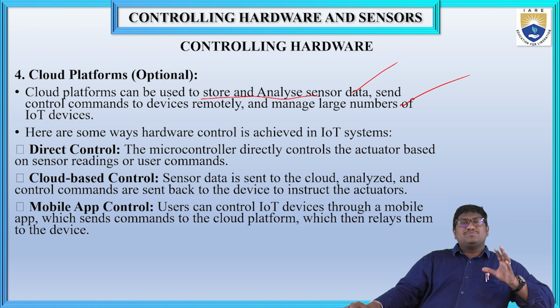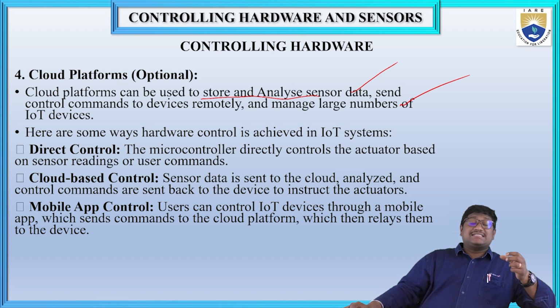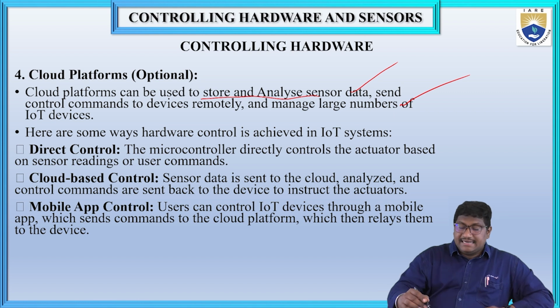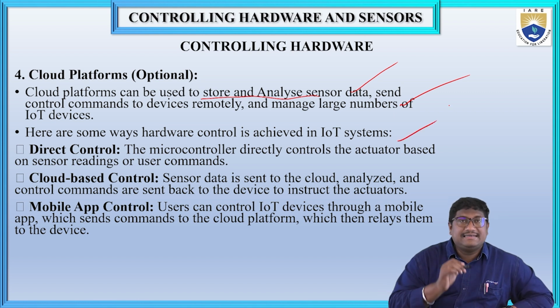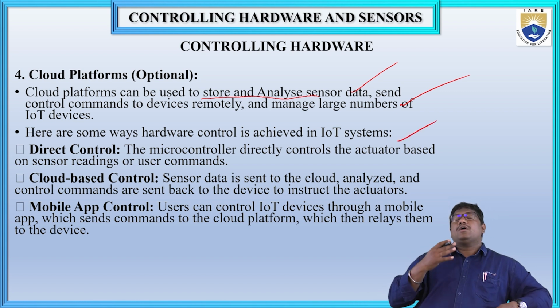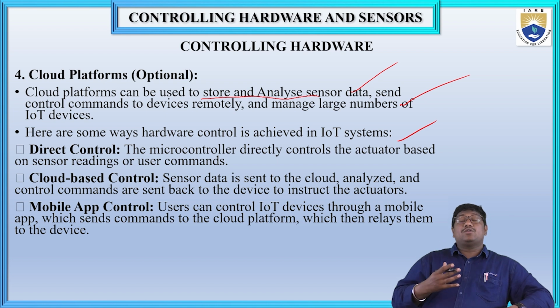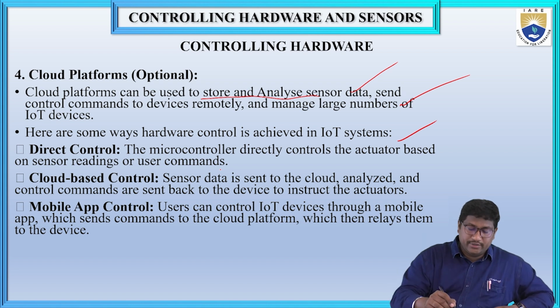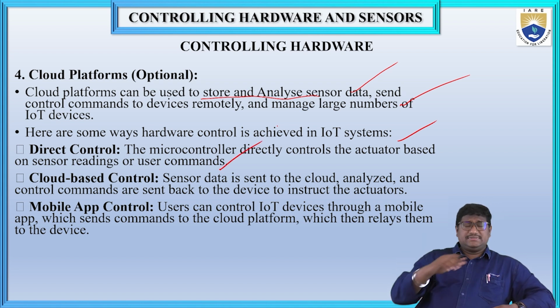Here, there are some specific points which we achieve by successfully controlling the hardware in IoT systems. Those are direct control. The microcontrollers are the direct controllers, based on actuator and sensor readings or user commands.